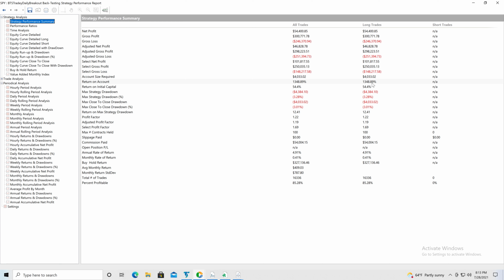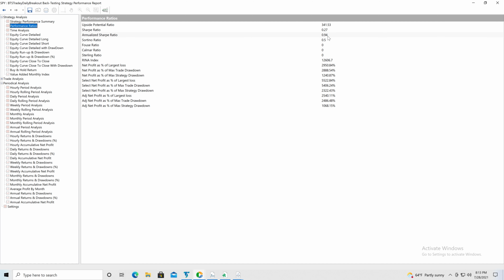I believe if you bought and held the SPY, like 100 shares, it's like 300% return over 10 years, or I'm not sure, something like that. So performance ratio 0.94. I once heard an MIT professor say that anything over 0.5 is considered a good Sharpe ratio. So this is a good Sharpe ratio.